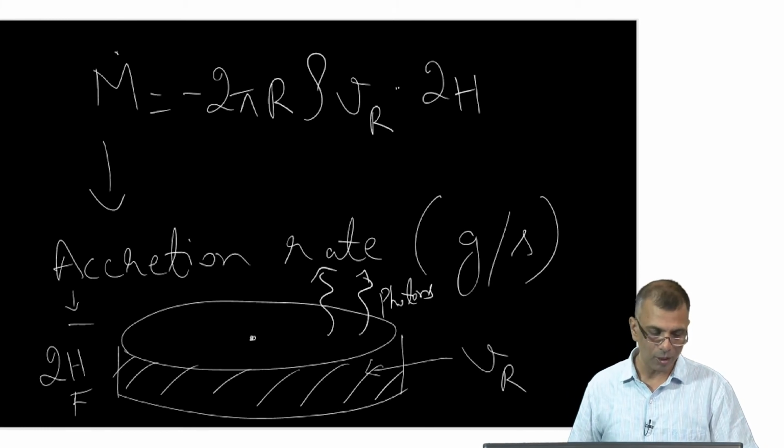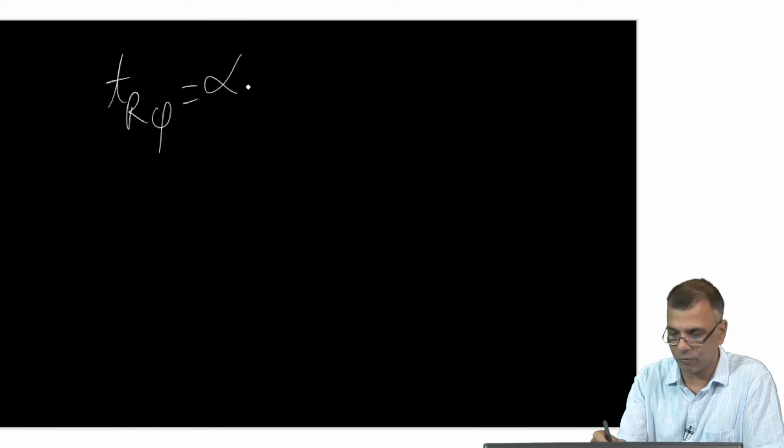So, therefore, let us now try to see what is the rate of dissipation of energy. This is the question that we are trying to address now, okay, and where does this viscosity business come in, right. So, let us now go back. You remember that we were writing Tr phi is equal to alpha p.